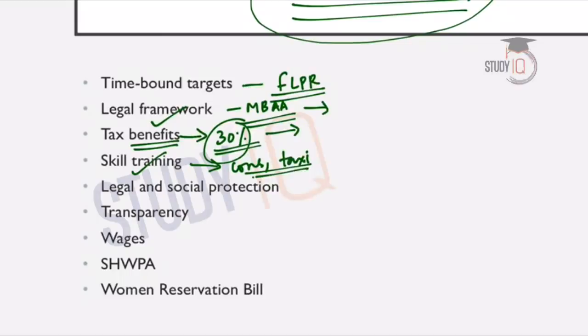So these non-traditional areas mean those areas that have attained importance in this era. We have seen it is the era of LPG, liberalization, privatization and globalization. So various sectors have gained importance, especially the services sector. So government can undertake training programs for women in these areas like hospitality, tourism, food management, food processing, etc.